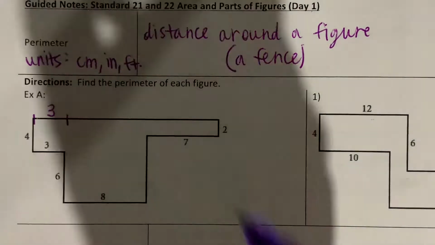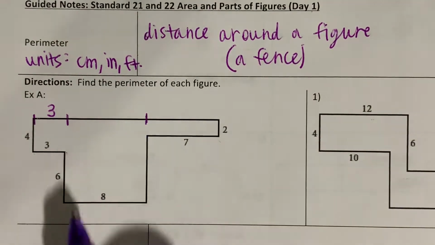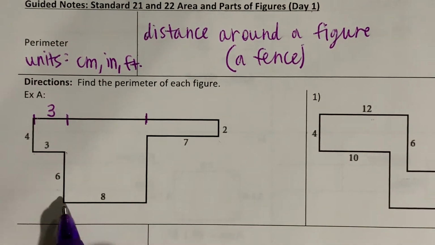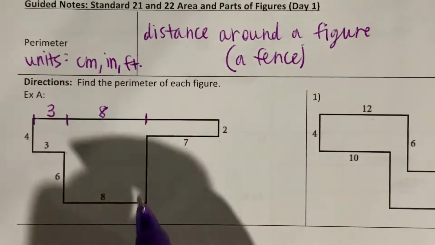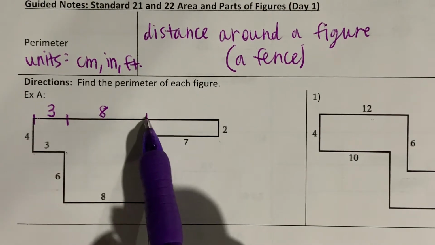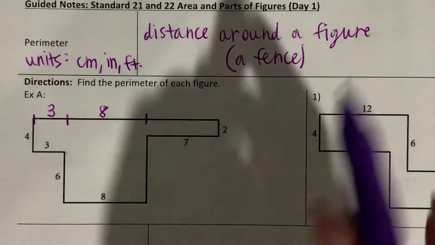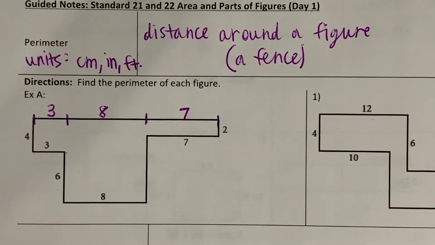And then you may notice that from here to here on the top of my figure matches with along the bottom of my figure. And the bottom says it's 8 units. So on the top, it must also be 8 units. And then over here, I can see I have 7 units. So along the top, it must also be 7 units.